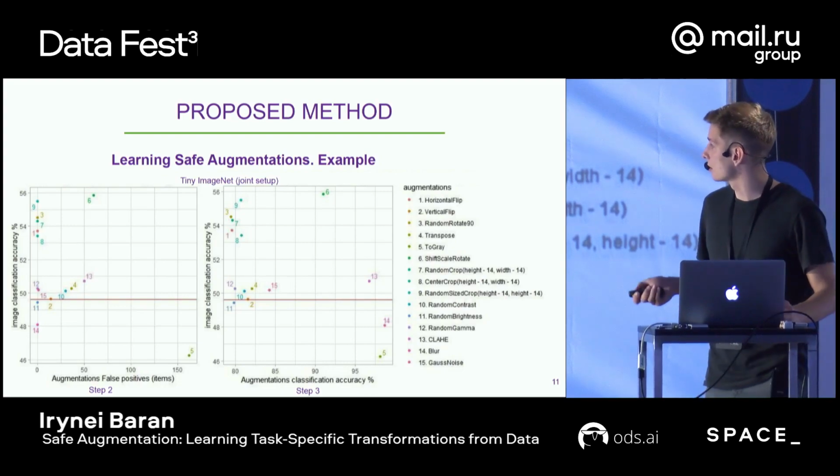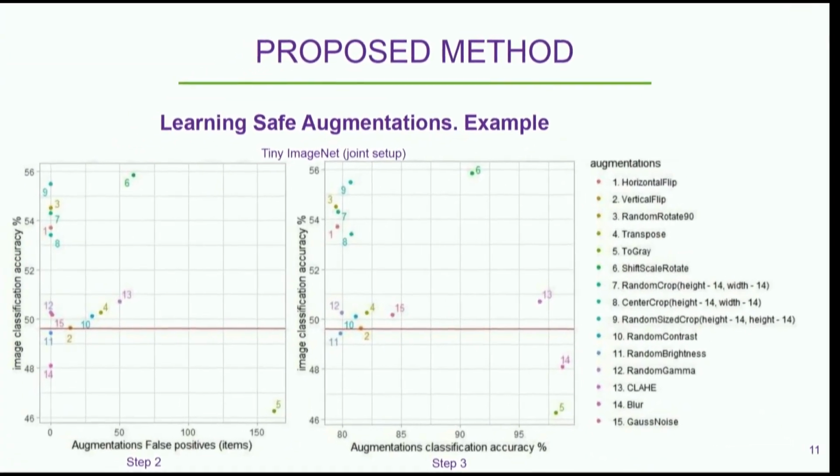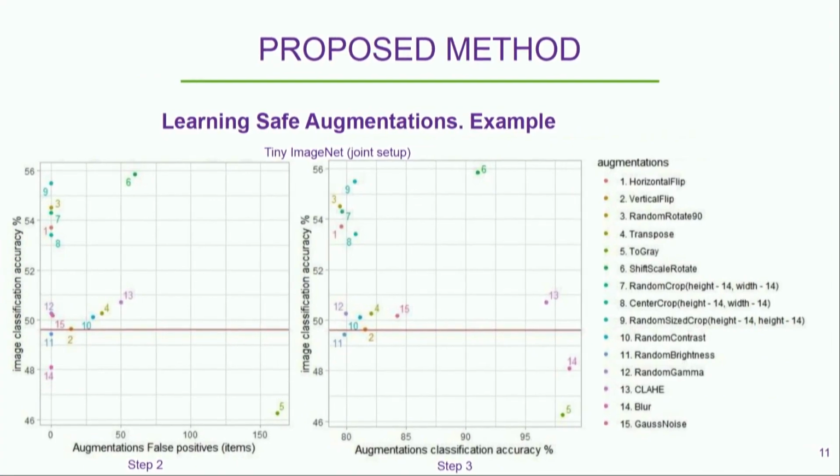Here is a quick example of step 2 and step 3. You can see on the y-axis the image classification accuracy. The red line denotes the image classification accuracy without any augmentation. Here you can see step 2, the false positives from the clean test set. Here is the augmentation classification accuracy, step 3. And let me show you which augmentations we consider safe. For example, horizontal flip, number 1.